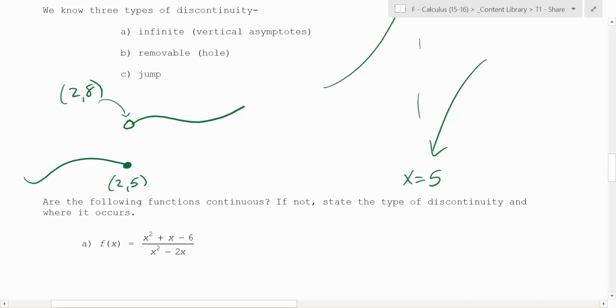What's the limit coming from the left? 5. What's the limit coming from the right? 8. The left and right hand limits don't agree, so the limit doesn't exist. Since the limit doesn't exist, it can't be continuous. So if you pick up your pen, it is not continuous at that point.